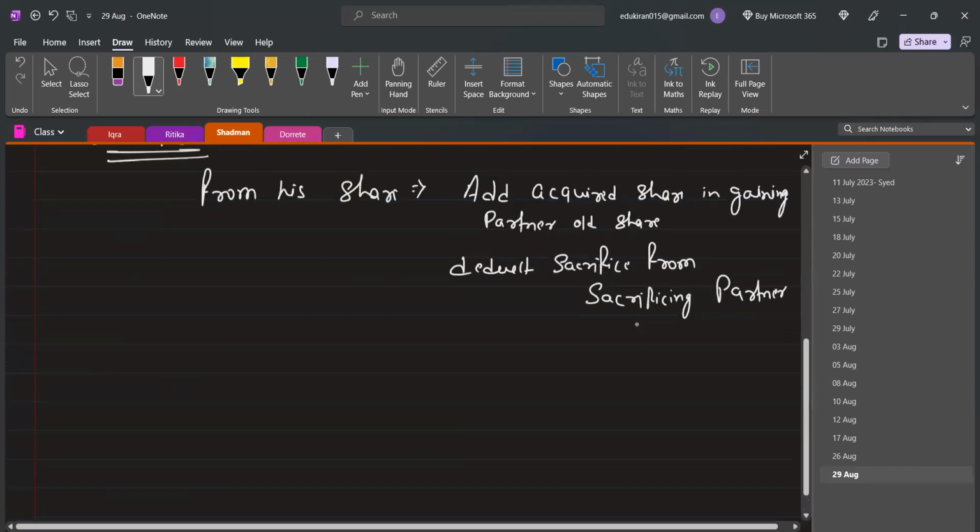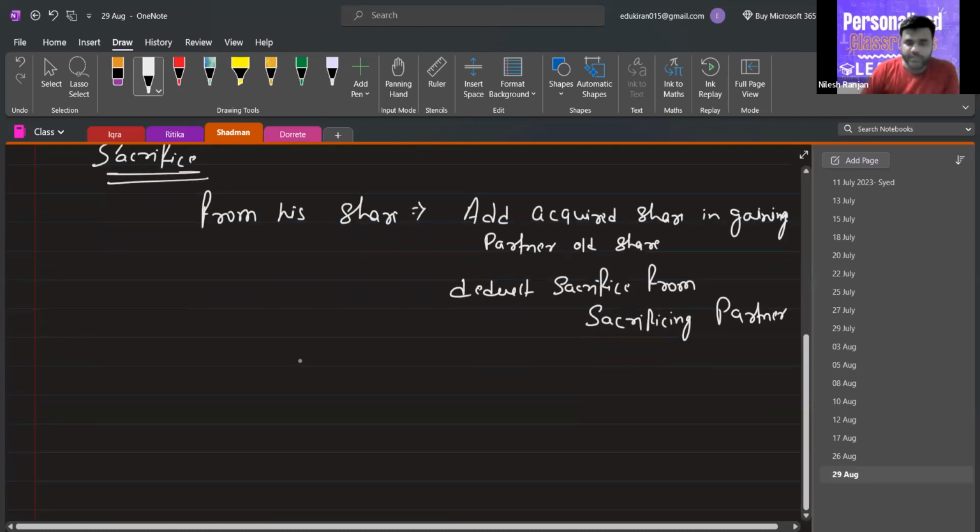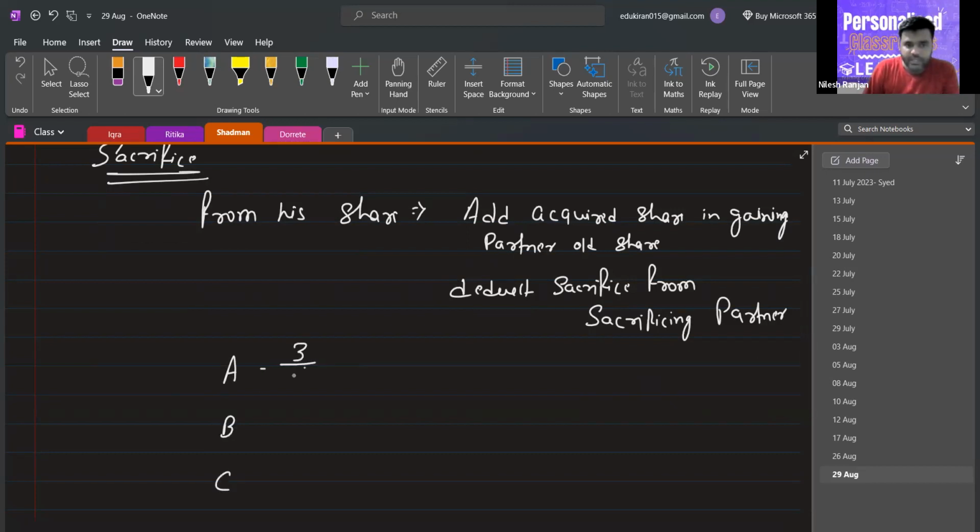If "from his share" is given and their old profit sharing ratio was A, B, C: A's share was 3/6, B's share was 2/6, and C's share was 1/6. Now add the acquired share in the gaining partner's old share. Who is the gaining partner here?